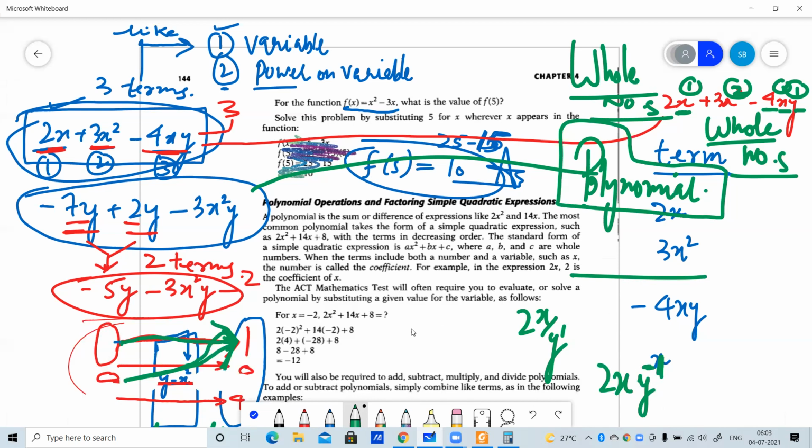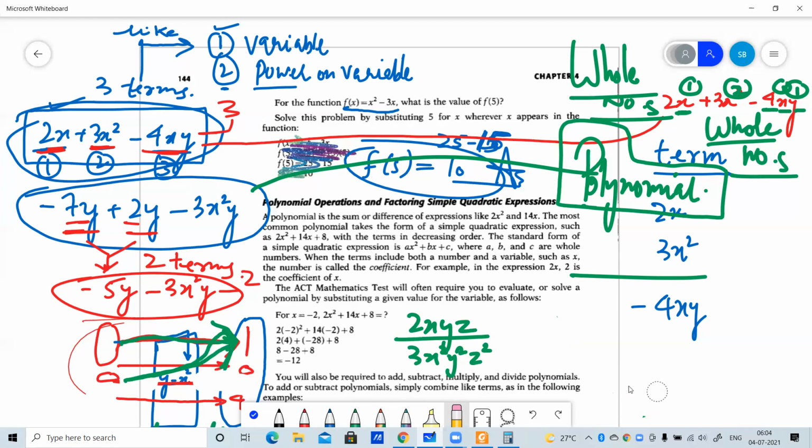Whenever you're having anything in the denominator, for example, 2xyz divided by 3x squared y squared z squared, we cannot judge by just seeing this whether it is a polynomial or not. We have to convert everything. We have to write everything in the numerator. So I'll write 2xyz as it is, but 3x squared y squared z squared, if I want to write it in the numerator, I have to change the sign of these exponents which are in the denominator.